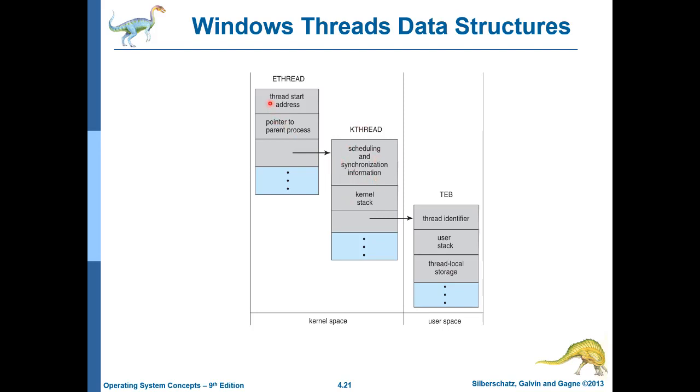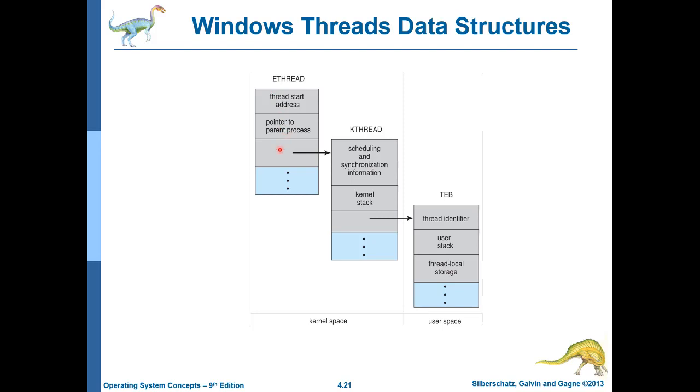Execution related things, which means which process this thread belongs to, the thread start address in memory, a pointer to the parent process, and other information related to the process of the thread, are in the E thread.